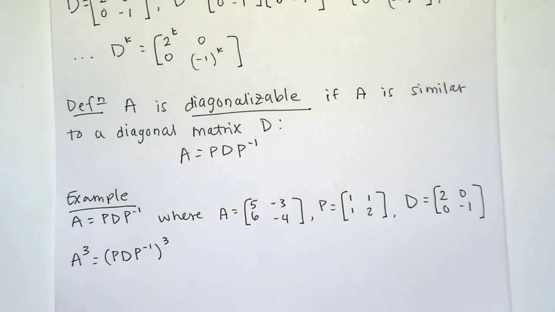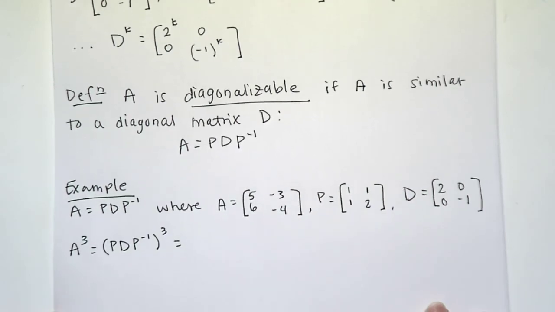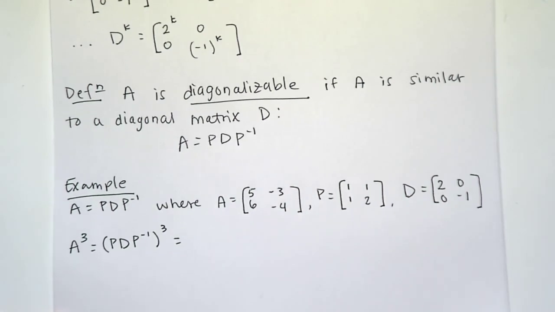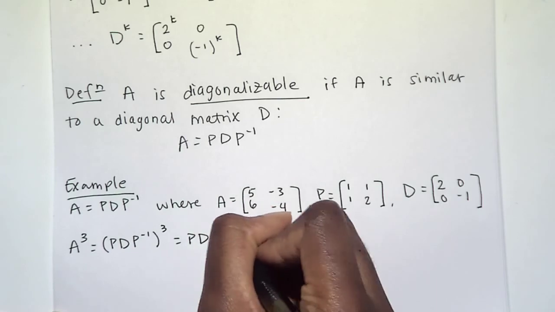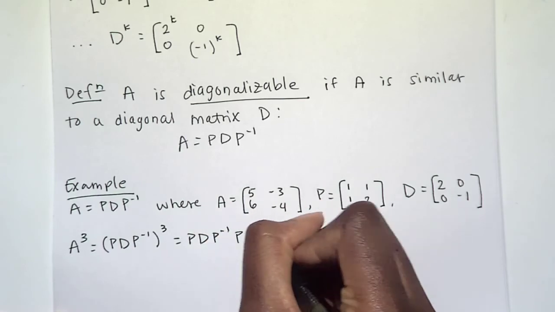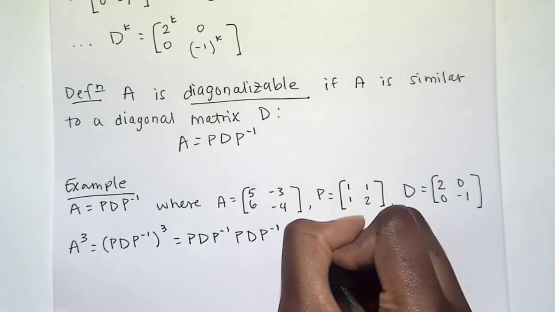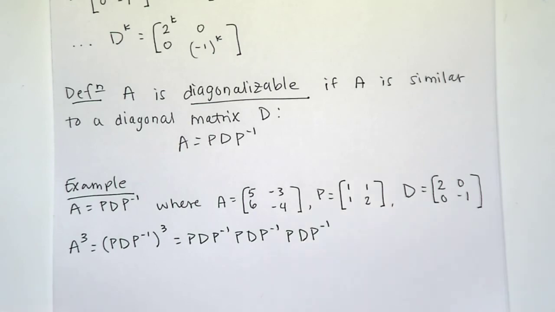Which seems maybe more complicated, but let's actually expand that out. Cubing something means multiplying it by itself 3 times, so I'm just going to write this 3 times. P D P inverse, P D P inverse, and P D P inverse.